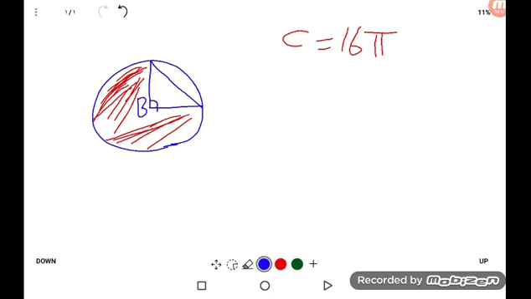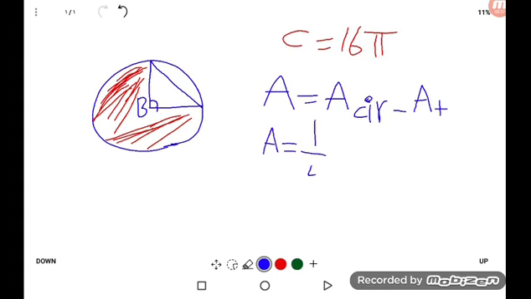Now to find area of shaded region, we want area of circle minus area of triangle. So first let's find area of triangle. Area of triangle is equal half times base times height.